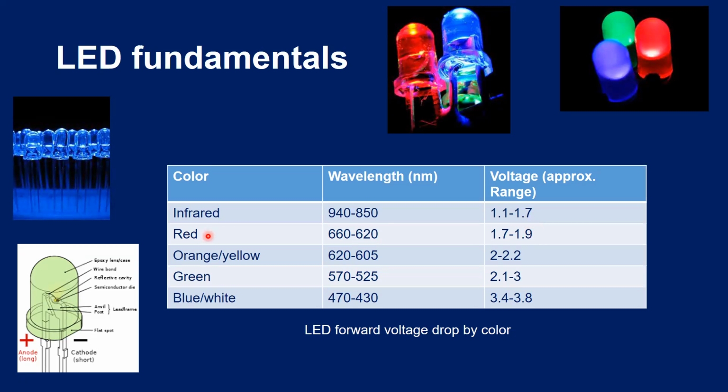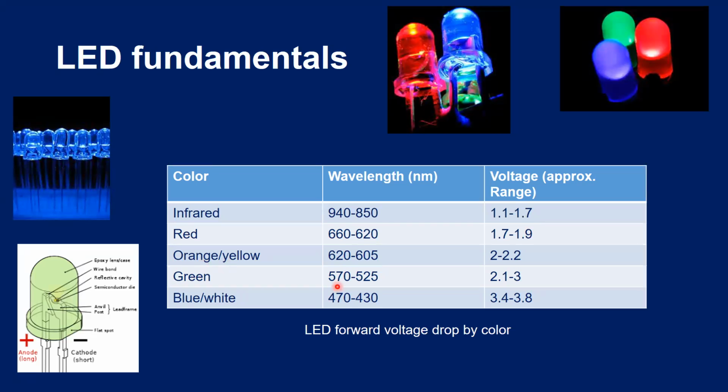If your light is red, then you can say the electromagnetic signal is in the range of 660 to 620 nanometer wavelength. And the forward voltage drop for the color red is about 1.7 to 1.9. If you have an orange or yellow color LED, your wavelength is 620 to 605, and the forward voltage drop is 2 to 2.2.